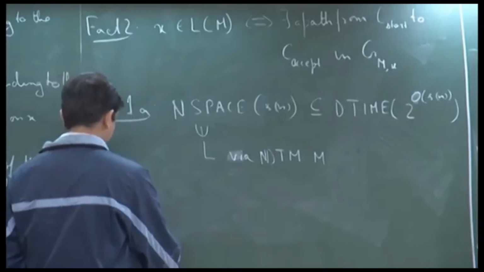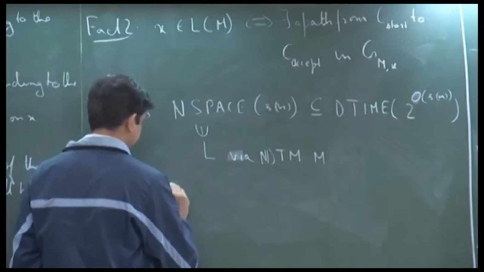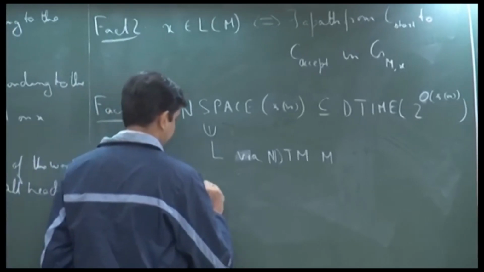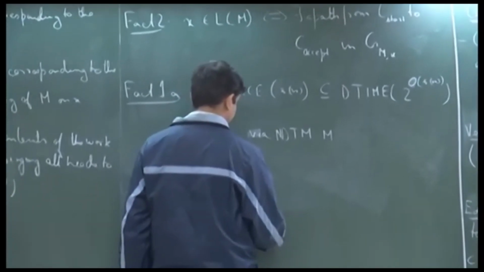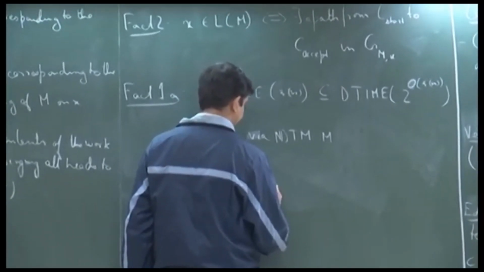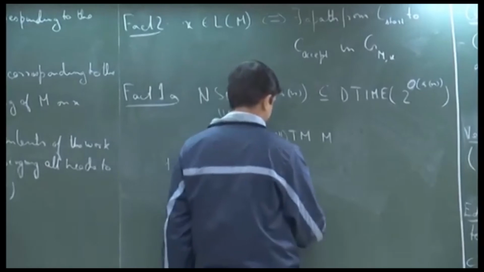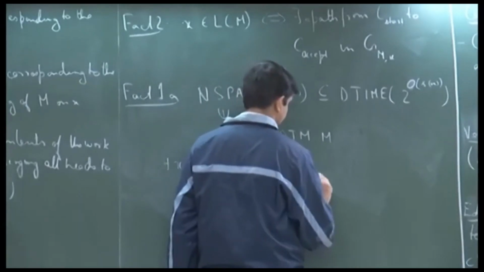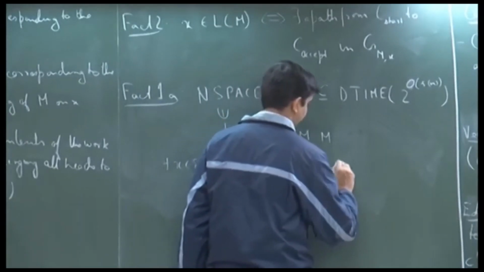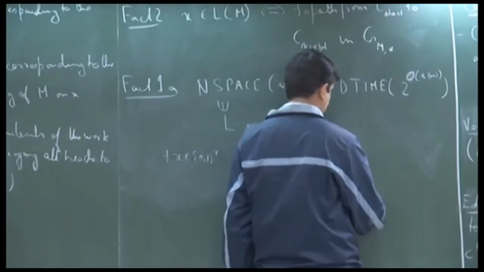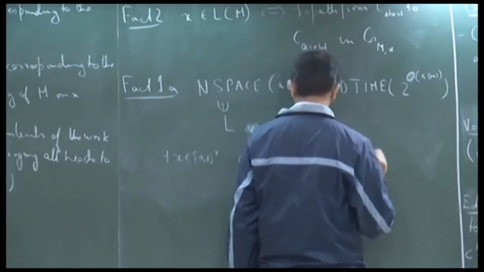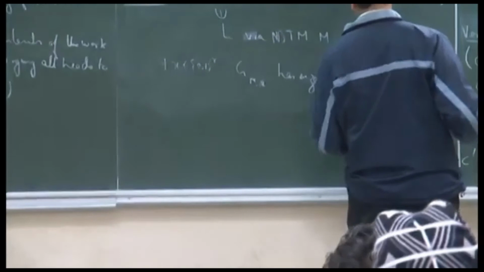So, therefore, for all inputs x, G m x has size 2 to the power order s of x.